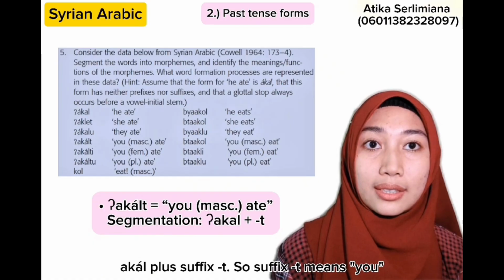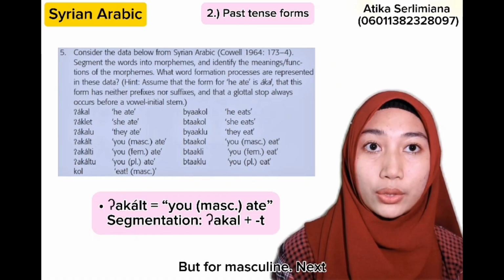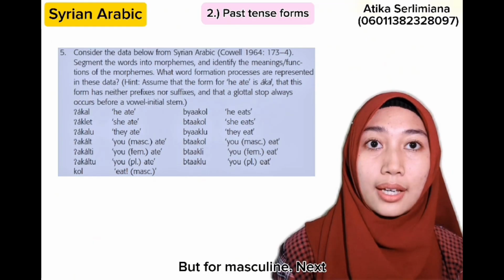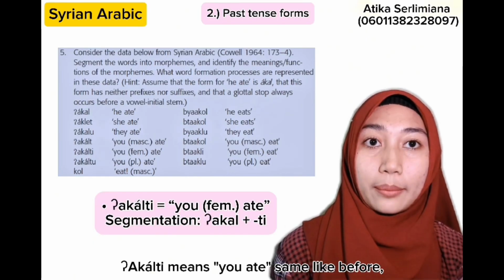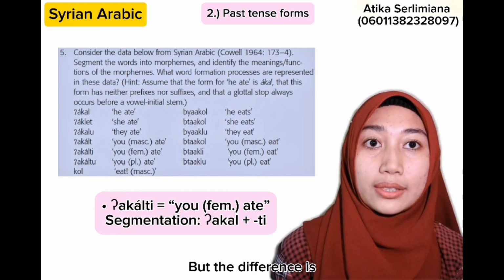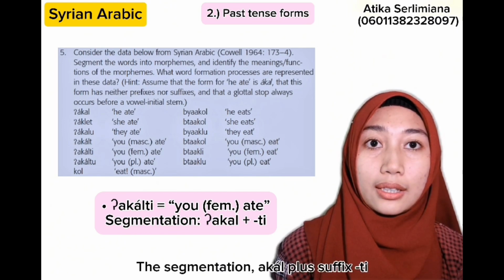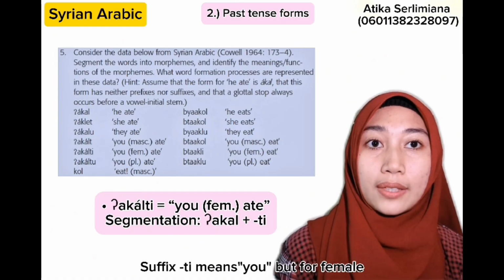So suffix te means you but for masculine. Next, akalti means you ate. Same as before, but the difference is the segmentation: akal plus suffix ti. Suffix ti means you but for female.